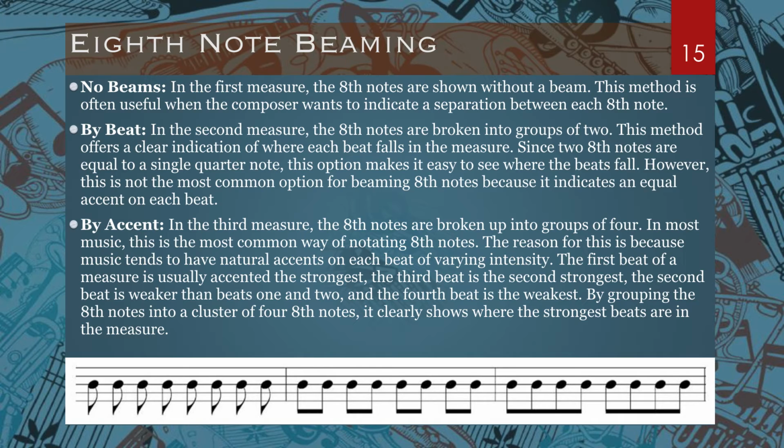So the way that you beam things can have an implication on how it's going to be performed. If you beam something into groups of 4, the performer is naturally going to want to play that first beat just a little bit heavier than the second, third, and fourth offbeats.